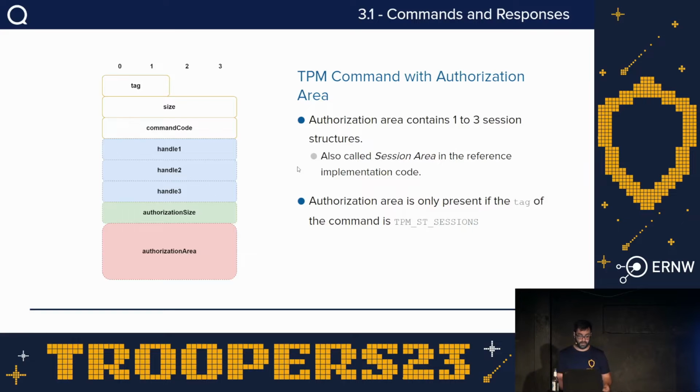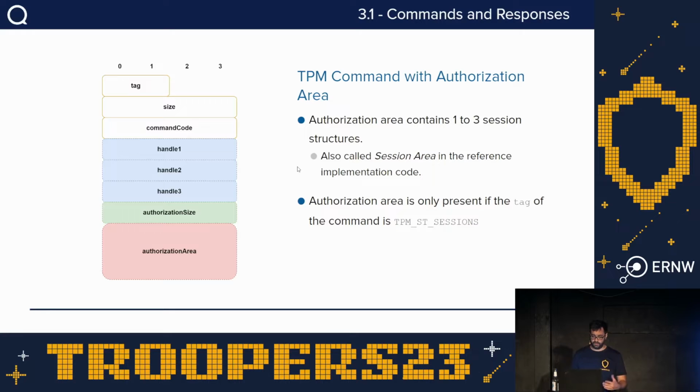After handles, you find what is called the authorization area, although it is also interchangeably called the session area. It's composed of 4 bytes, which indicate the size of the authorization area, followed by the authorization data right at the bottom.